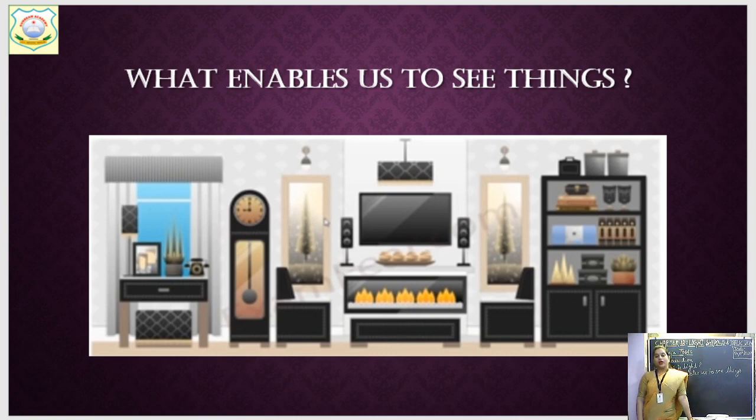Now what is that thing that enables us to see things? This is a room and now you are clearly able to see everything. There is a clock, a table, TV, almirah, mirror, everything you are able to see clearly here.